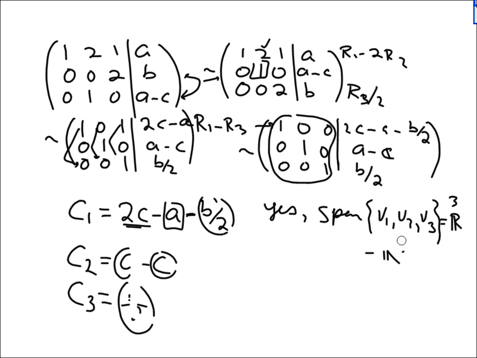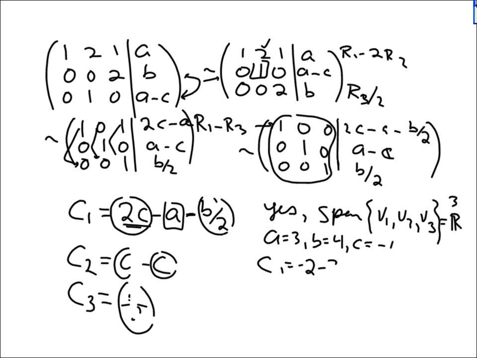Now, what if I told you that A is 3, B is 4, and C is -1? Well, then C1 will be 2 times C, which is -2, minus A, which is 3, minus half of B, which is 2. So it looks to me like we get -7.